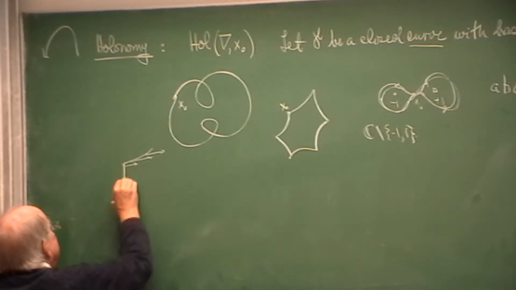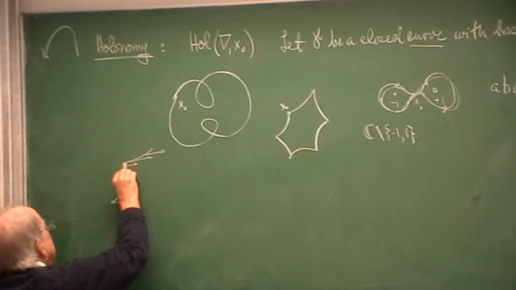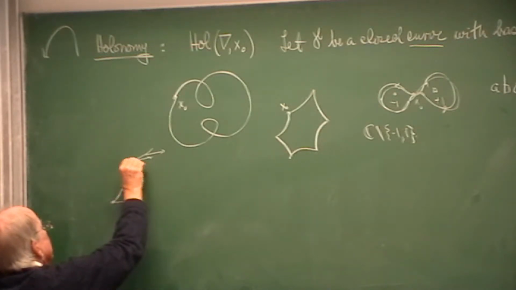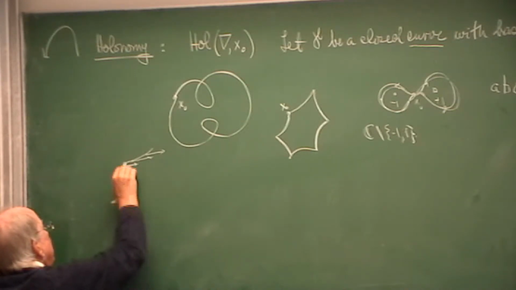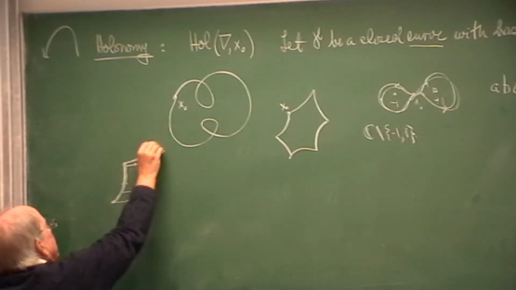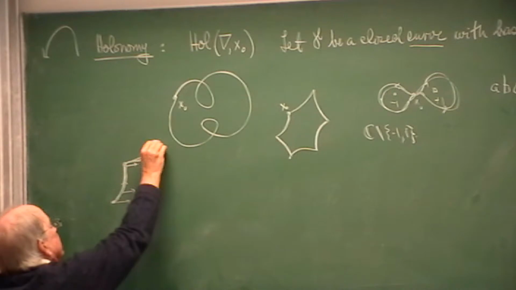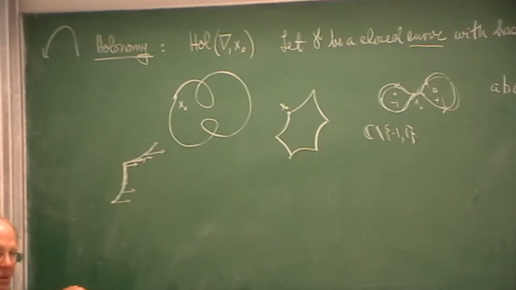So if the curve is at least piecewise reasonable at these singularities, you can take parallel transport of a vector along this curve. You know how to do that. And then you come to the end of this little segment where you want to continue on, and you take parallel transport there and continue on. So even if you have piecewise smooth stuff, you can take parallel transport.